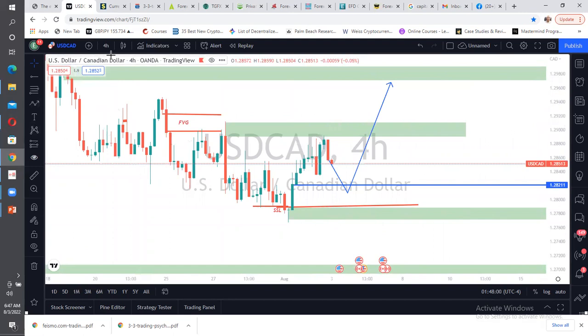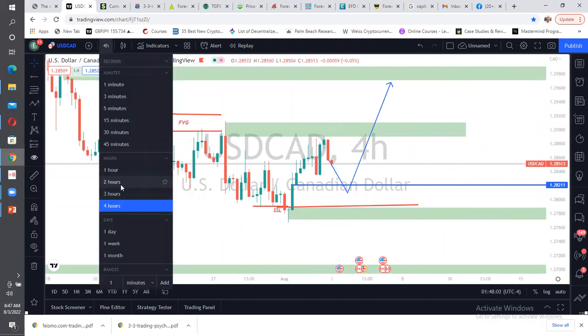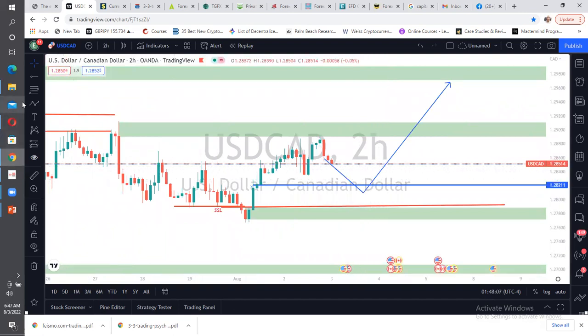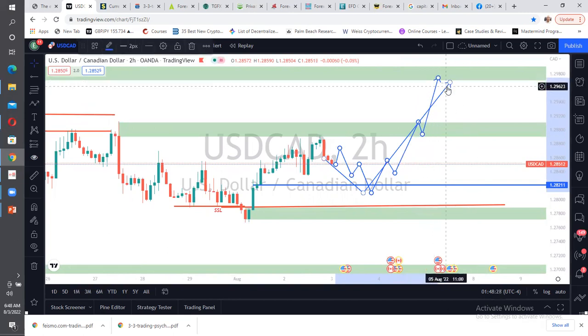So how will it happen? It will happen this way. A trade into this fair value gap, a smash down to this level. Then from here, I will say push up to the upside, give me the pattern, then up like this. This is what I'm expecting from this pair.